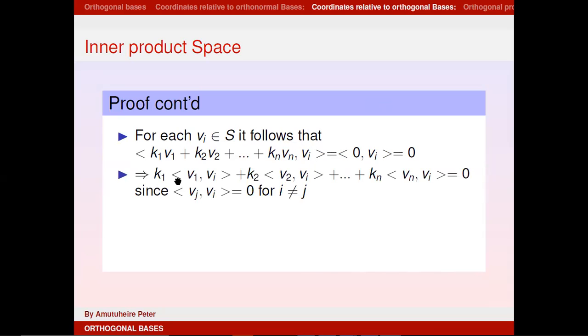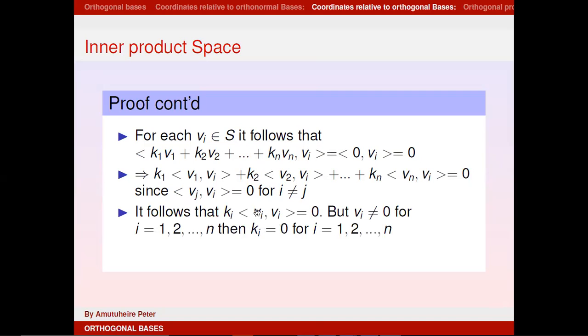So it implies that k1 times the inner product of V1 and Vi, plus k2, and so on and so forth, will be zero. And since the inner product of Vi and Vj is equal to zero for i different from j, because S is orthogonal, each pair of distinct vectors is orthogonal. So we get this relation, and it follows that this one will also be zero.